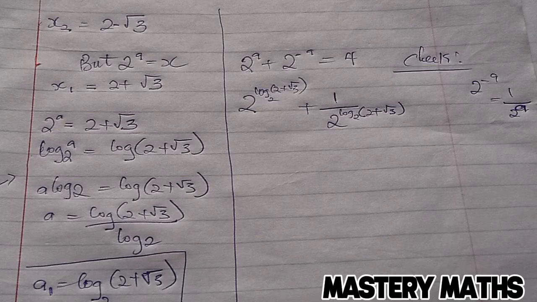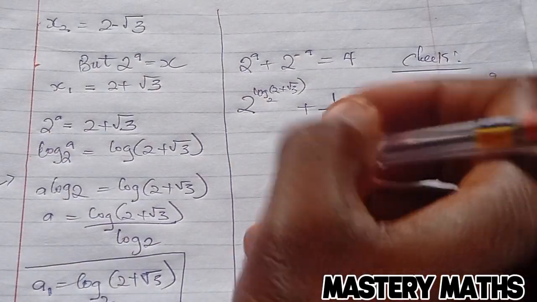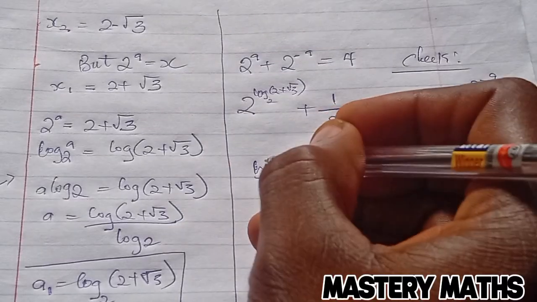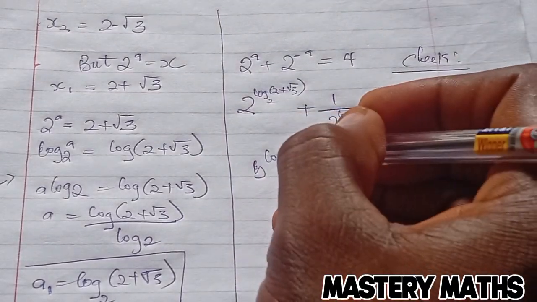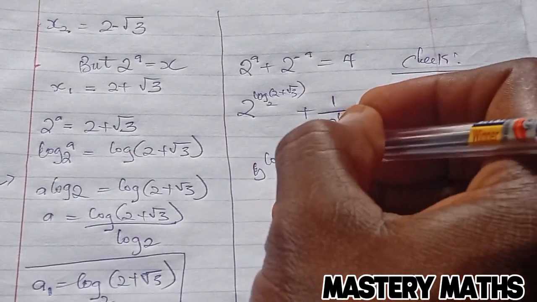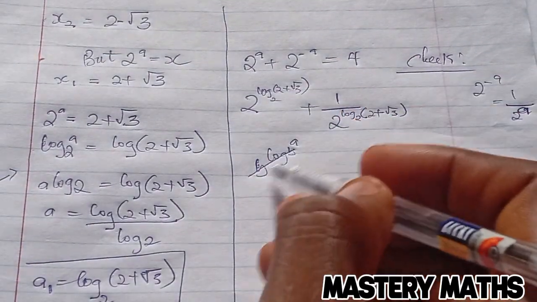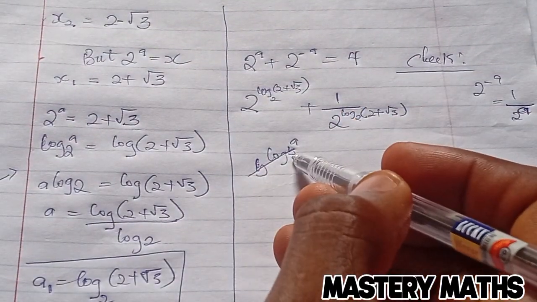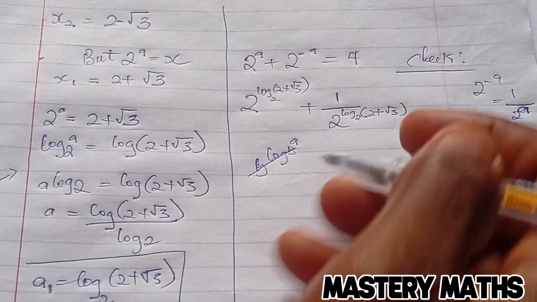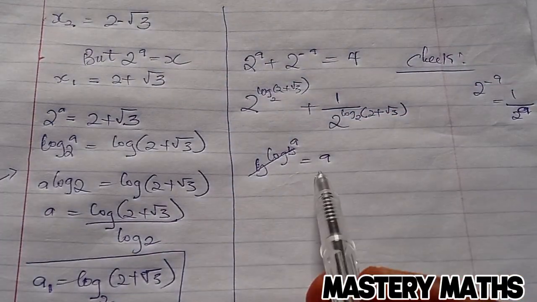According to the law of logarithm, when you have b raised to the power of log to the base b of a, what happens? The base and the log cancel each other, which will give us a.